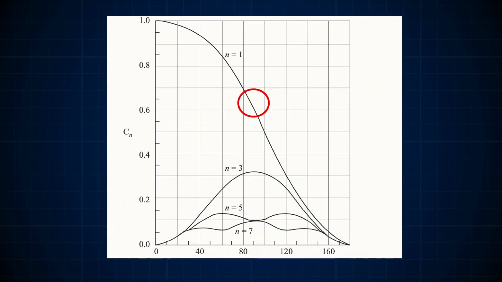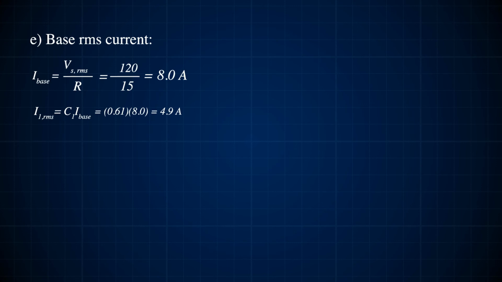From our question A, we noticed that the delay angle was 88.1, and so when we trace 88.1, we realize that our Cn or C1, which is the fundamental frequency, is somewhere around 0.6. And so to find our fundamental RMS current, it's simply multiplying 0.61 times our base current. Now the base current can simply be found by dividing the source RMS voltage by resistance, which gives us 8.0.